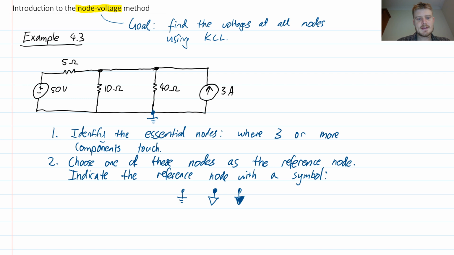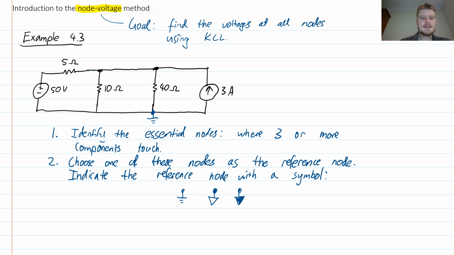In this case, we have 1, 2, 3, 4 branches coming from this node, so it's a reasonable choice. We could also have chosen the other node at the top. It also has 1, 2, 3, 4 branches. So we're not going to save ourselves any particular work depending on which one we pick, but we'll choose the one on the bottom to be the reference node.